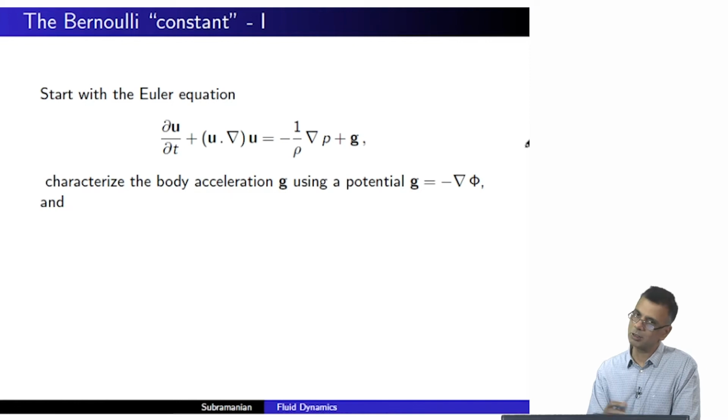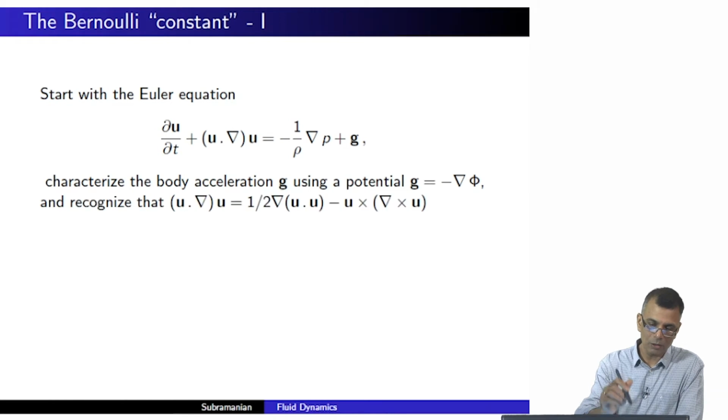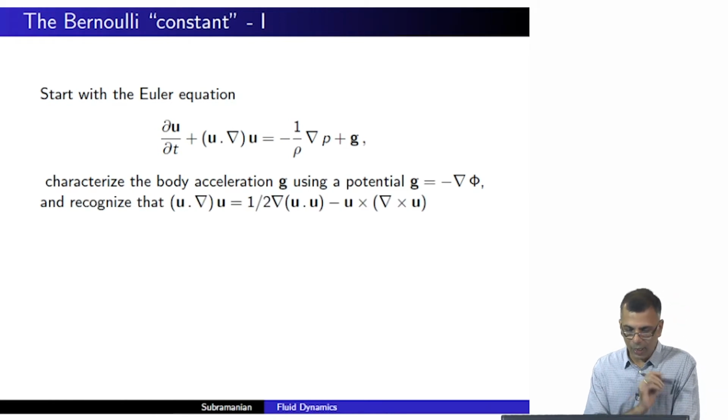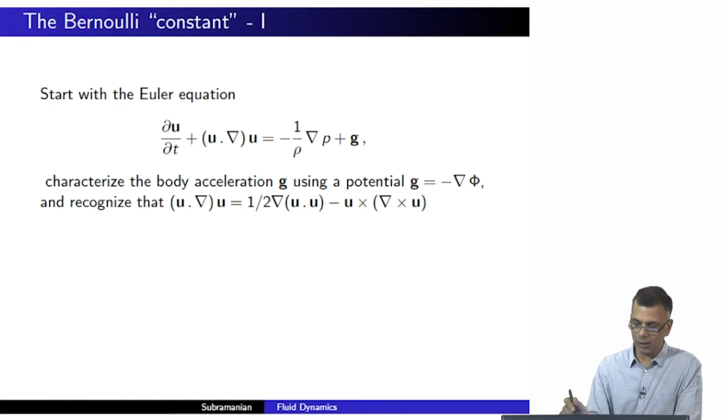Also there's a physical reason. Acceleration due to gravity can indeed be written down in terms of a gravitational potential. So there's the utility, and you recognize that this term from vector algebra can be written down like so.